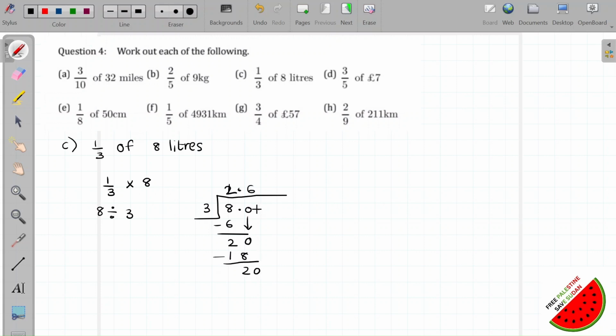And you can see it's just going to be constantly the same numbers. So this is 2.6 recurring. And then 1 times 2.6 recurring is 2.6 recurring liters.